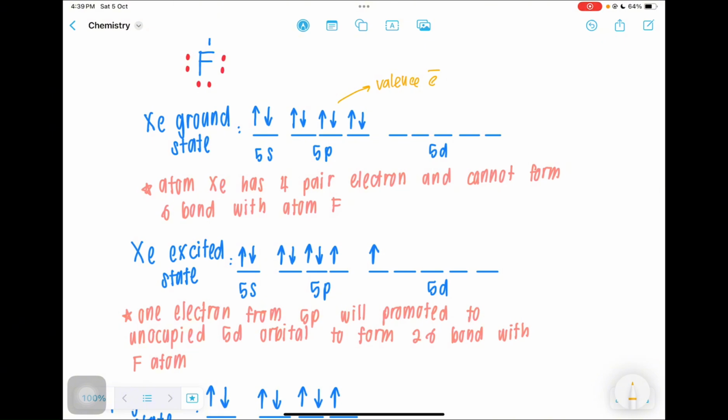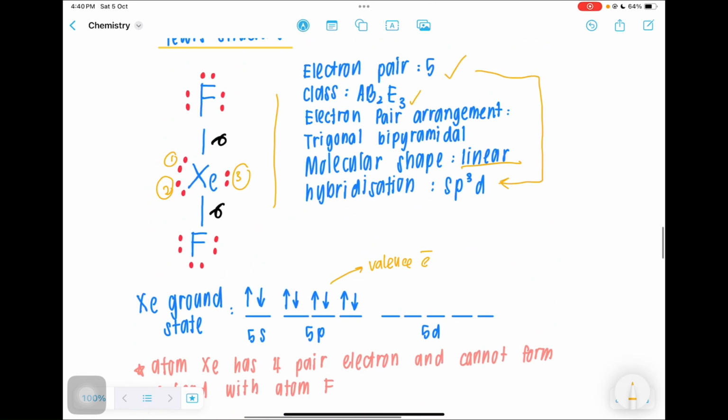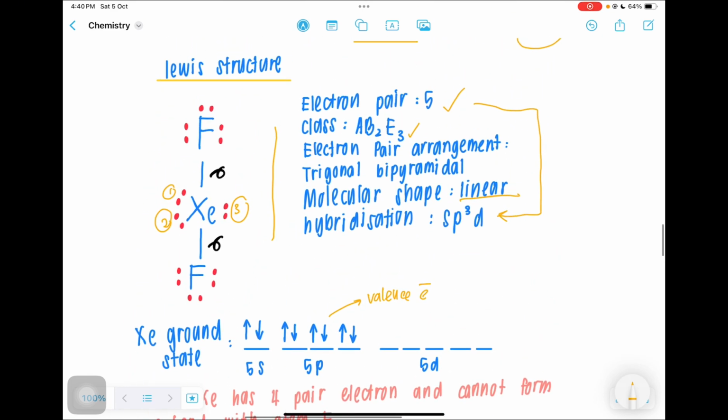We need to explain a little. Atom xenon has 4 electron pairs and cannot form a sigma bond with atom fluorine, because XeF2 will form 2 sigma bonds with 3 lone pairs.